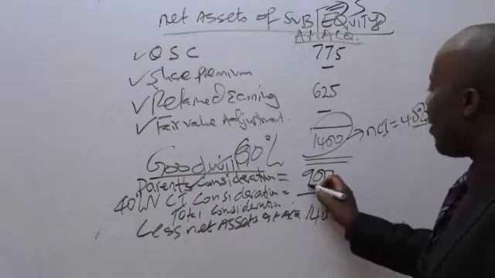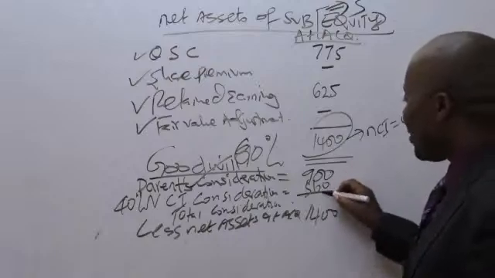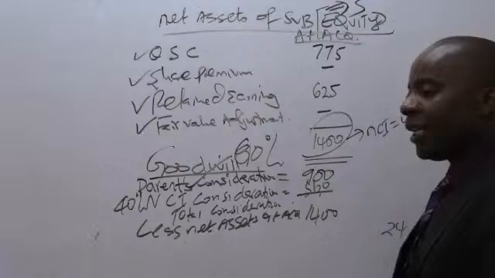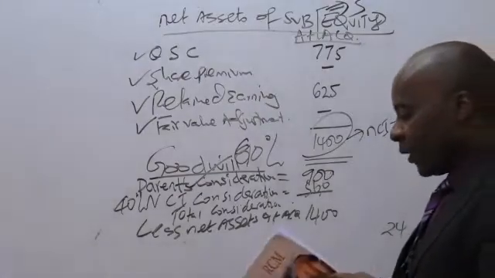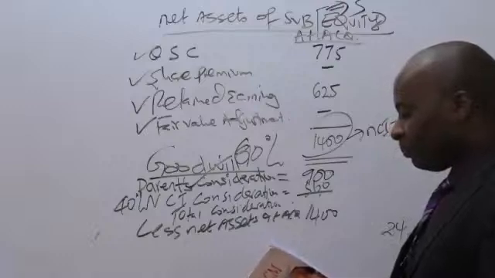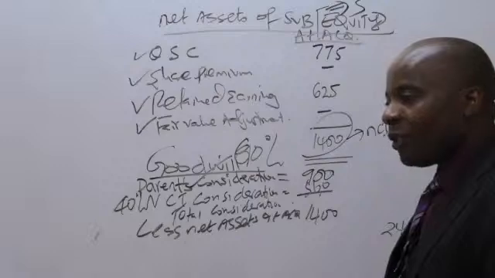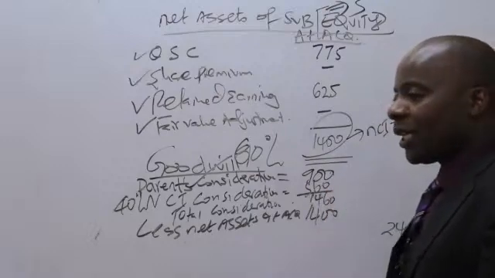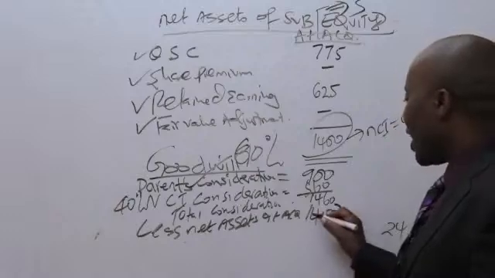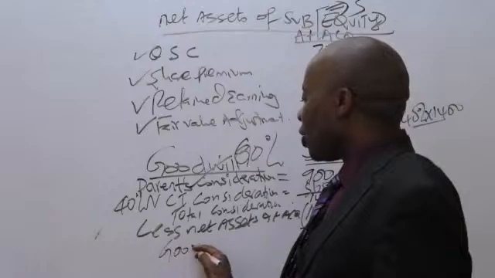Everyone is telling me 560. So if you add 900 plus 560, how much will it come to, somebody? 1460. Somebody is telling me 1460. So then subtract the net assets like that for you to be able to give us goodwill at acquisition.